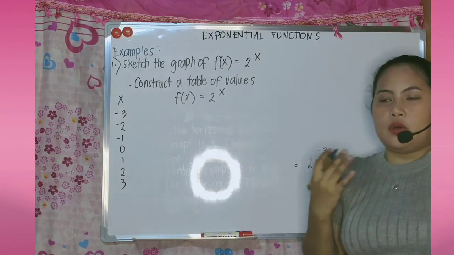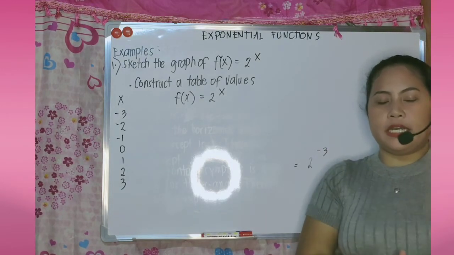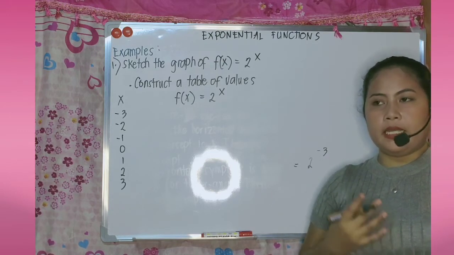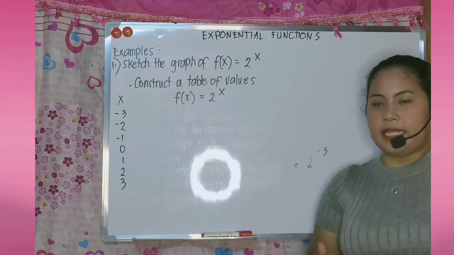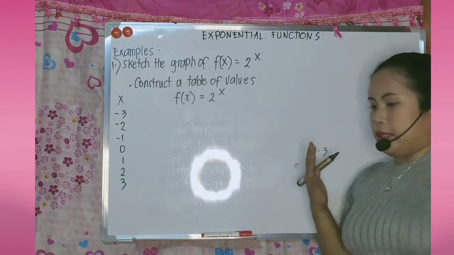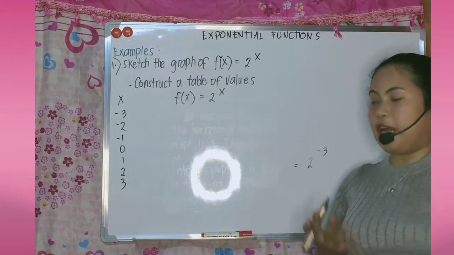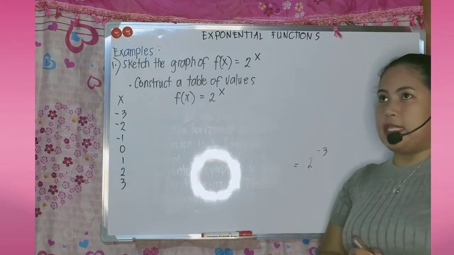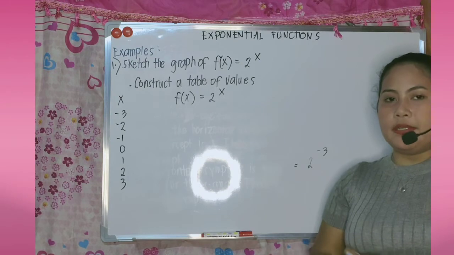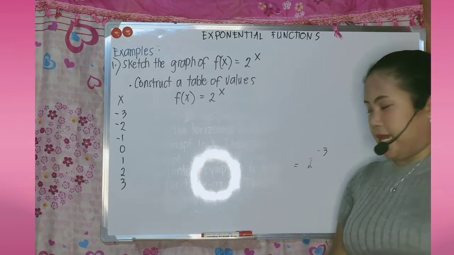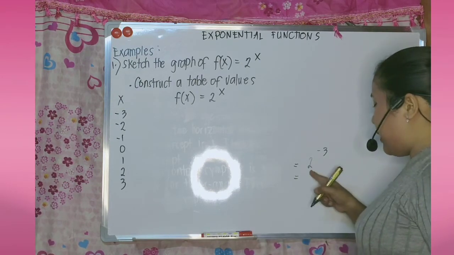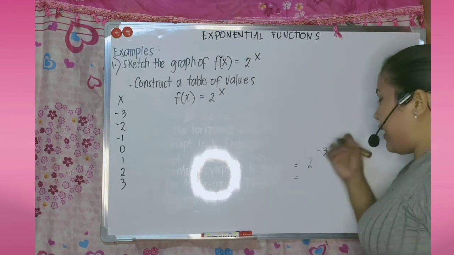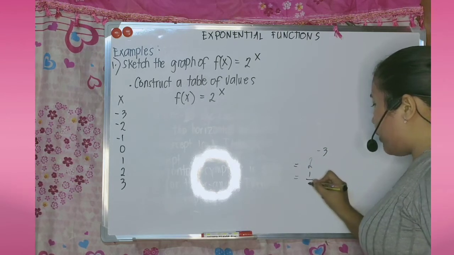Okay po. Kung familiar pa kayo sa law of exponent, lalo na pag may mga negative signs, ano po yung kukunin natin? Kukunin po natin yung fraction niya. Diba yung 2 ay mayroong denominator na 1. Kukunin lang natin yung reciprocal niya, so nasa unahan na yung 1 over 2.